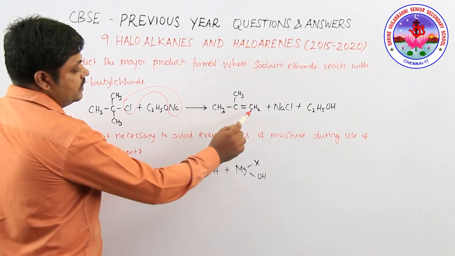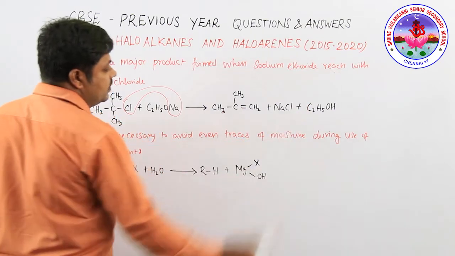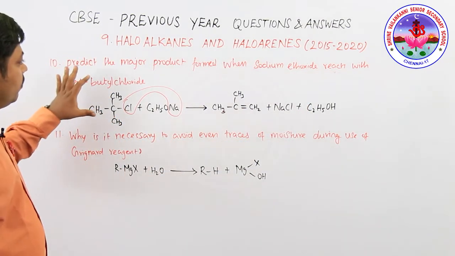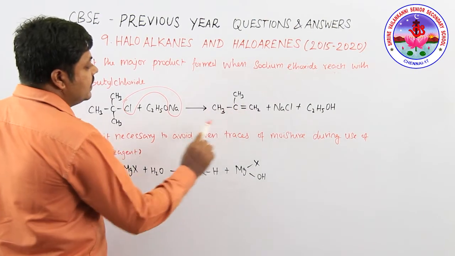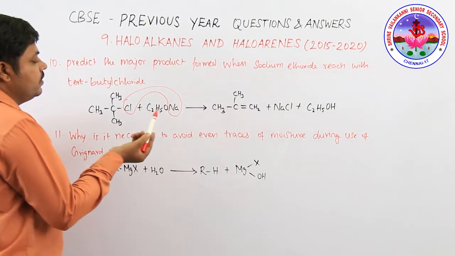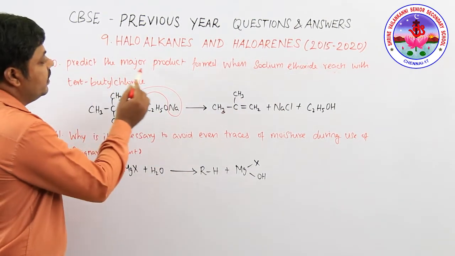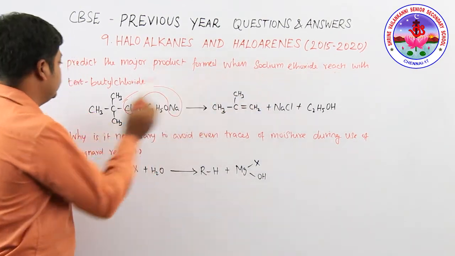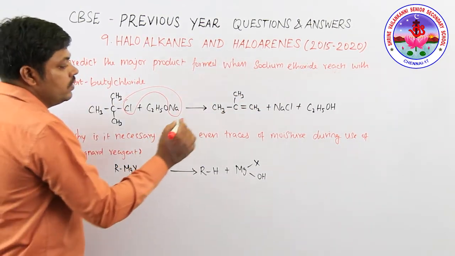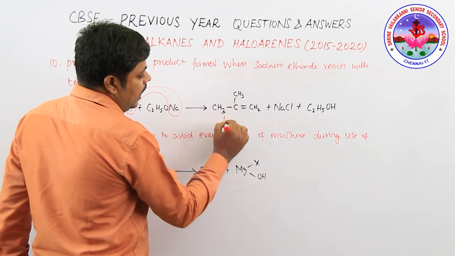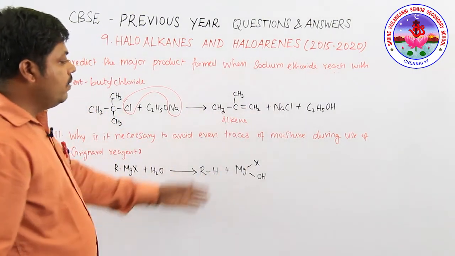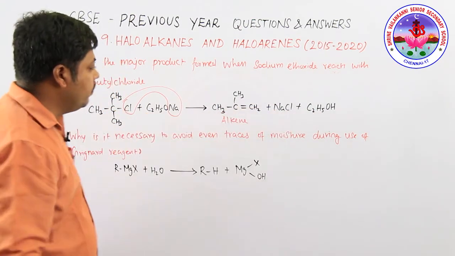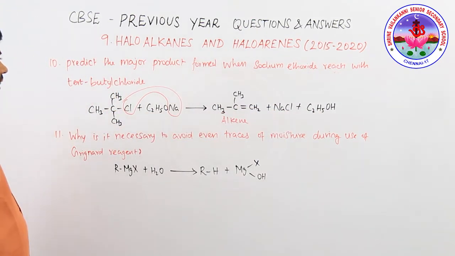So a double bond is present, that is why alkene and ethanol are formed. So you have to write the reaction, and the answer carries marks. Simply you can write that the major product should be alkene, and the byproducts are sodium chloride and ethanol.